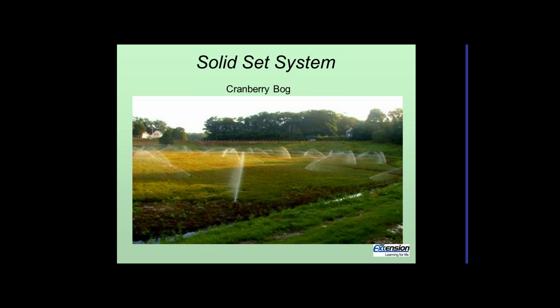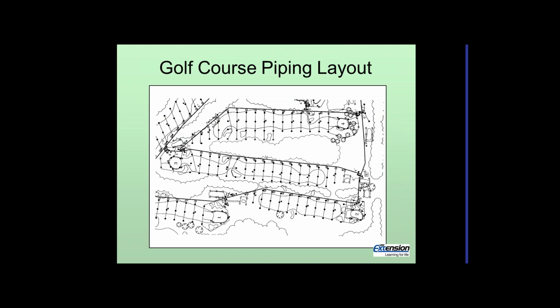Here's an example of a system in a bog with solid set sprinklers. The other place I use solid set is on golf courses. So this kind of shows the layout of a golf course. Here we've got green space, and we've got the lateral down the side here with 3 sprinkler head mounting points out of each of these.